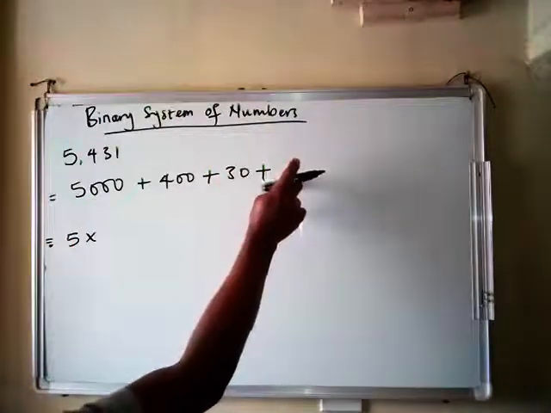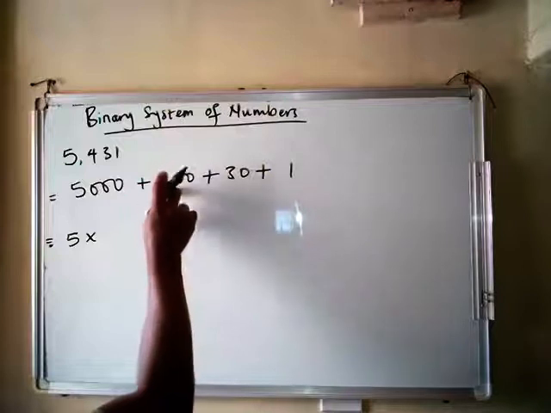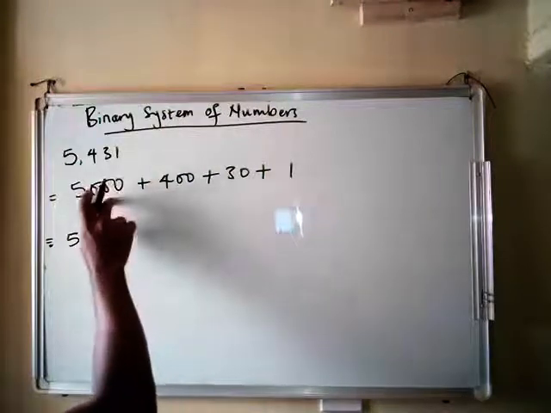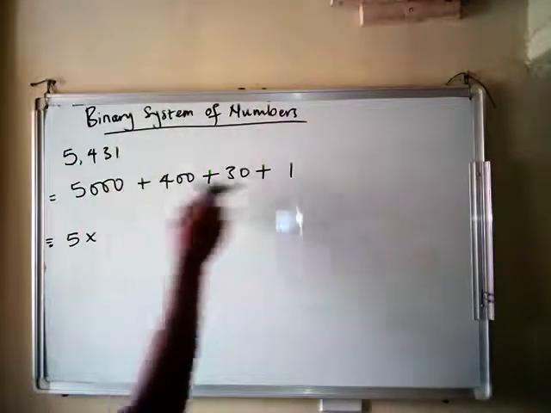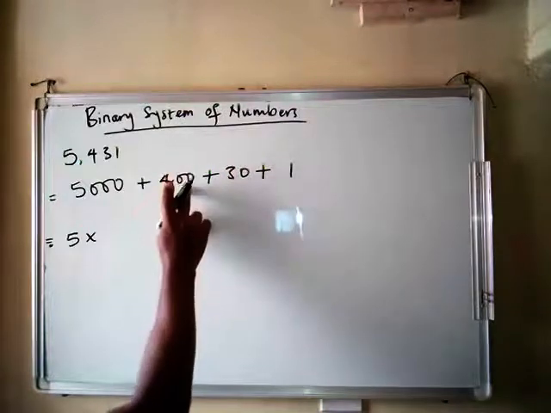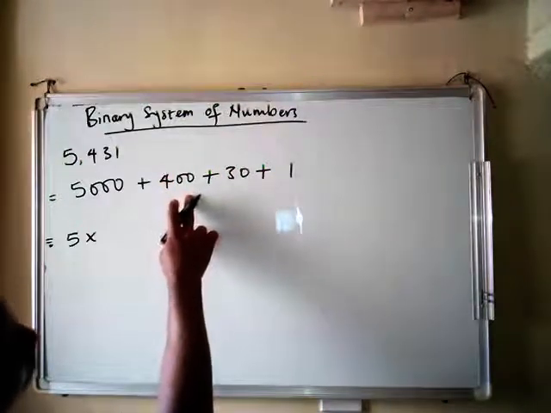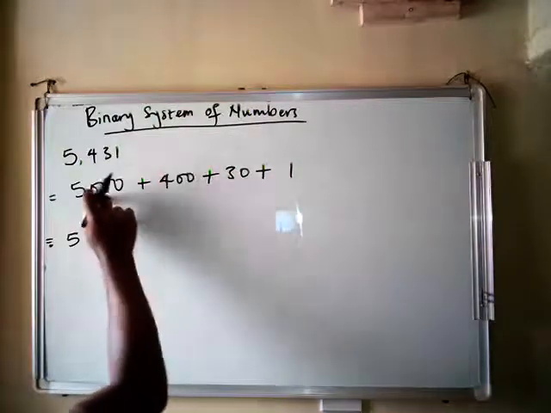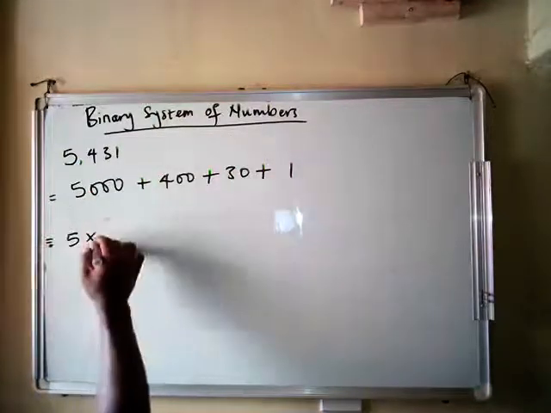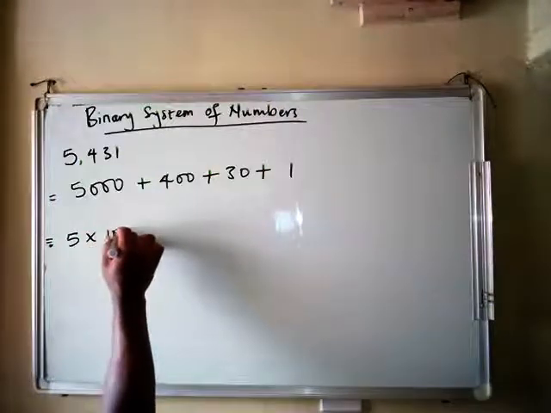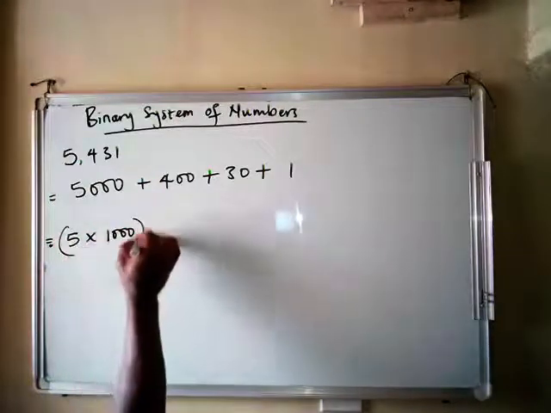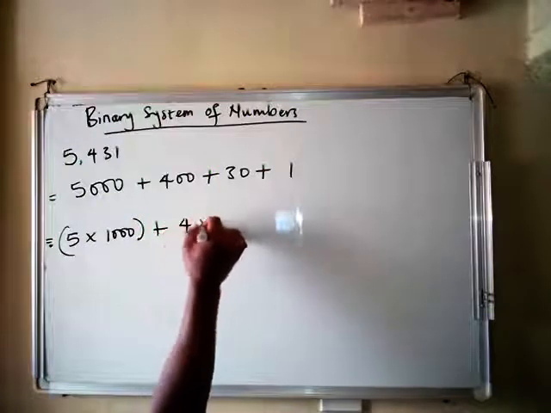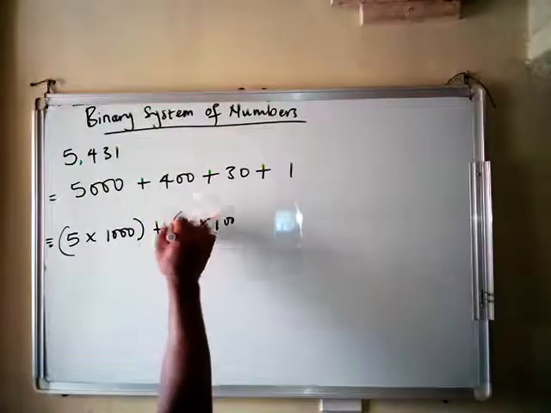When you talk about place values of numbers, especially for whole numbers, then you are referring to the value of each digit in that number. Understanding this will help us to understand even your binary system of numbers, because each place value has powers of 10 attached to them.